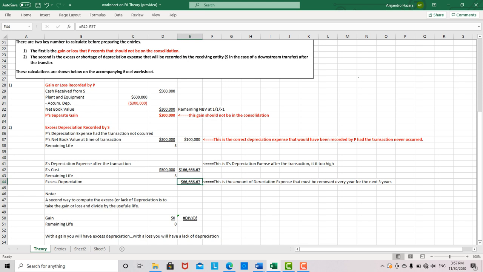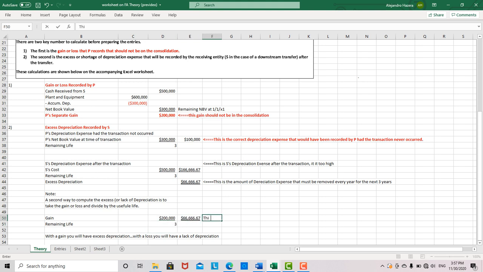Now, I want to be very specific that there is another way, and it may be a more practical way, to calculate this $67,000. The only thing you need to do, an alternative way, is just to take the gain or the loss and divide by the useful life, which is 3. That gives you the same number.